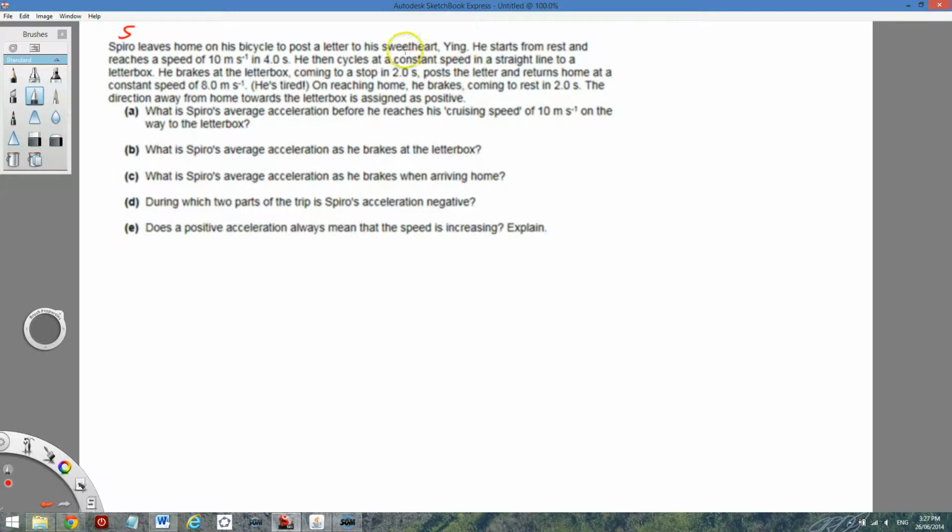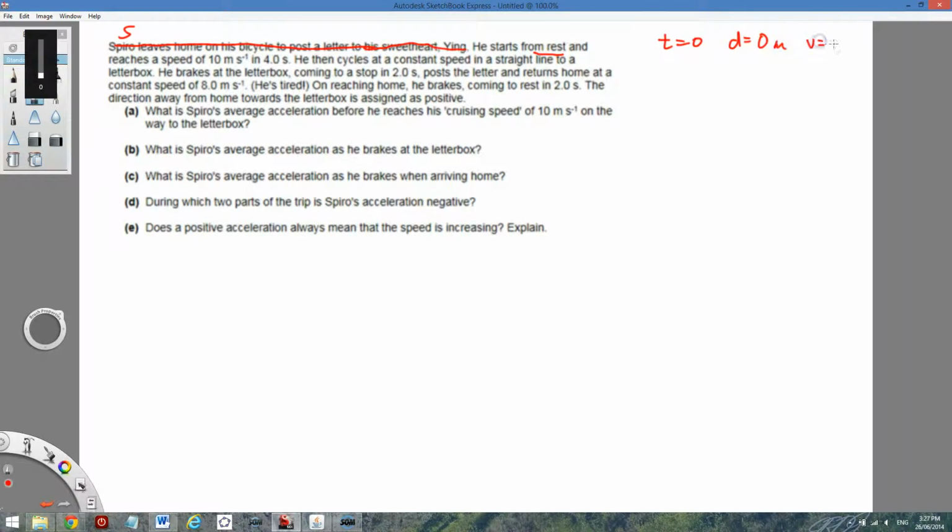Don't worry about this kind of thing. When reading questions, if something is irrelevant, just cross it out. He starts from rest. This tells me that when the time is zero, his displacement or distance will be zero.